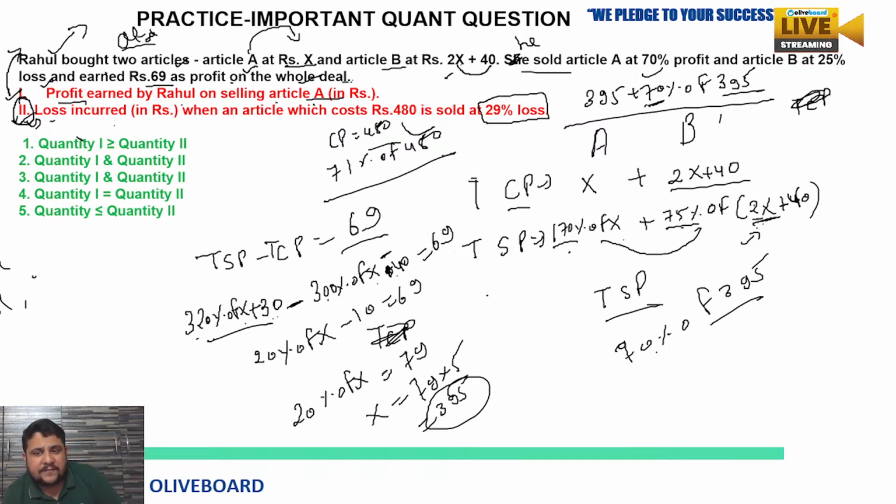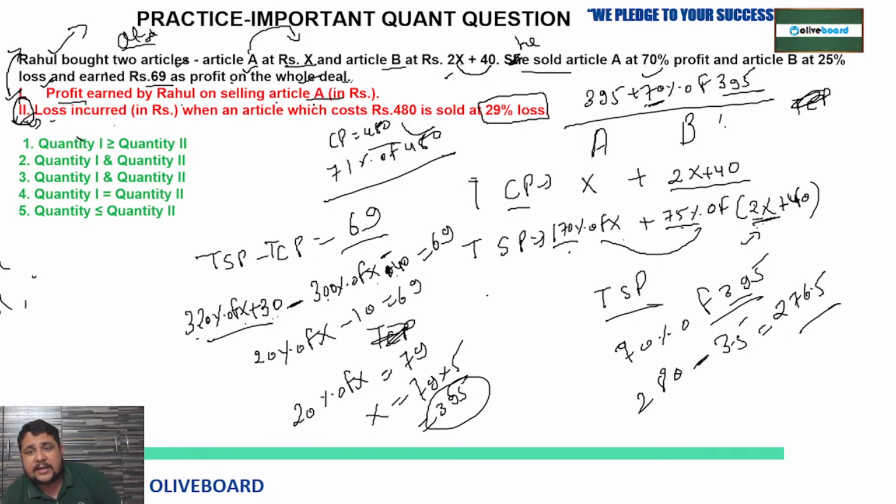So just calculate 70% of 400. 10% is 40, 7 times is 280. Minus 70% of 5, that is going to be 3.5. Why did I calculate this? Because 395 is 5 less than 400. So just calculate 70% of that 5 also, and just subtract. So the exact value will be 276.5.